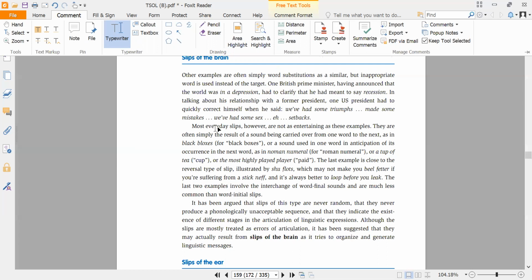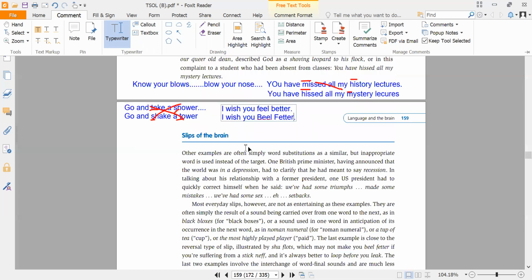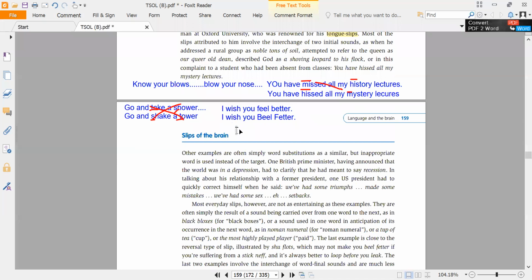We may take a sound from one word to another, right? How? Let's suppose, look at the example, black boxes. For example, there were 10 black boxes.